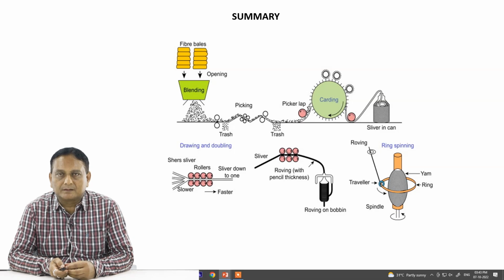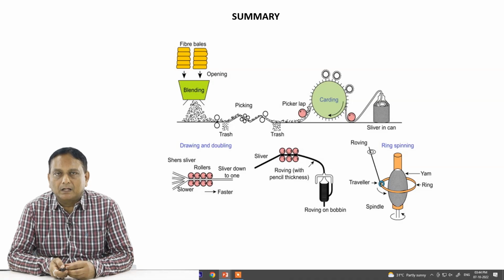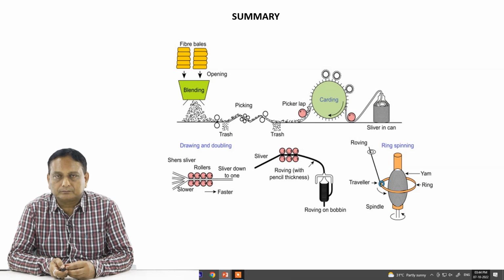So if you try to summarize the total lesson, we can see how cotton is converted from the cotton seed or cotton fiber into cotton yarn. We have seen a series of processes involved, starting from the fiber bales and opening of the fiber bales, blending takes place, trash is removed, then picking, and finally through the blowroom operations it goes to the carding zone.